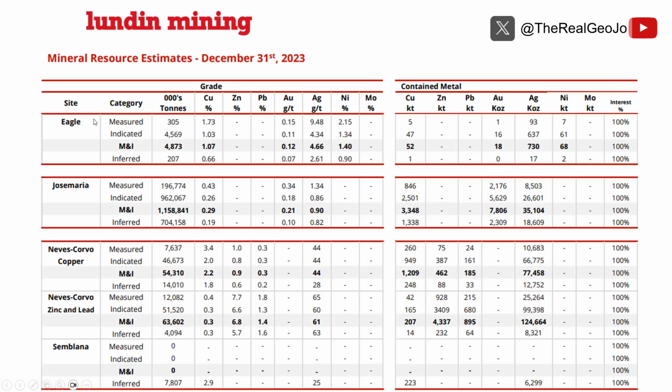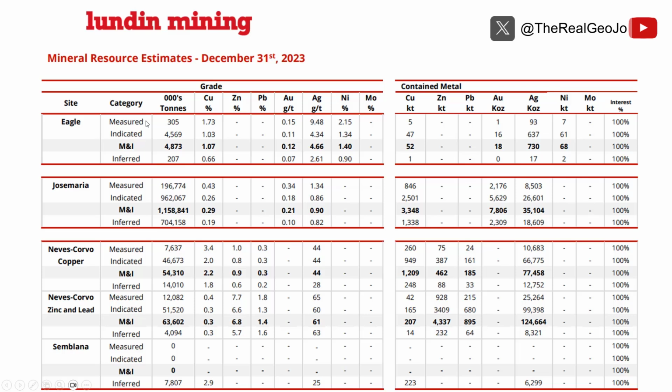In the next example, this is an excerpt from a PDF from Liontown Mining, from their mineral resource estimate, and here you can see that for the different sites that they have, they state the category, the tonnage, and the grade of the different elements in the deposit, and also the contained metal for each of those sites and each of those categories of resources.